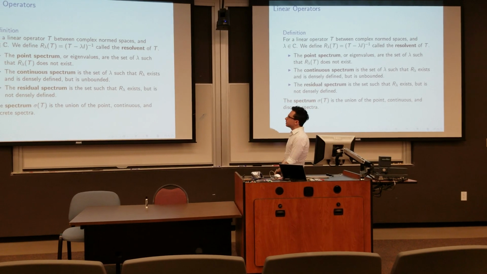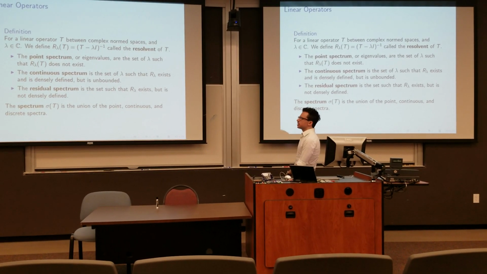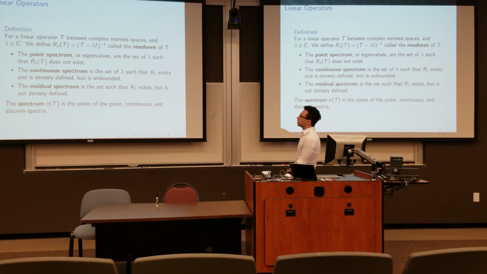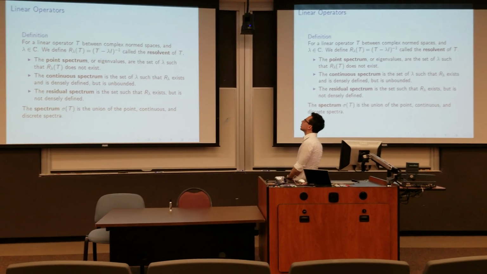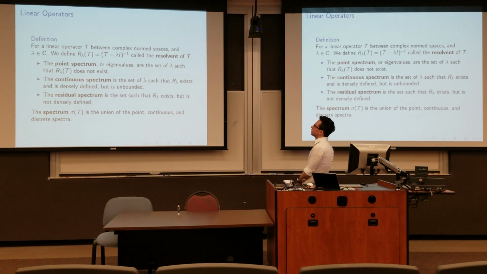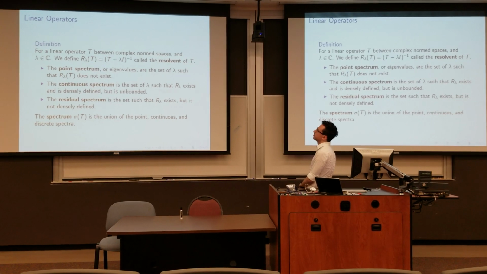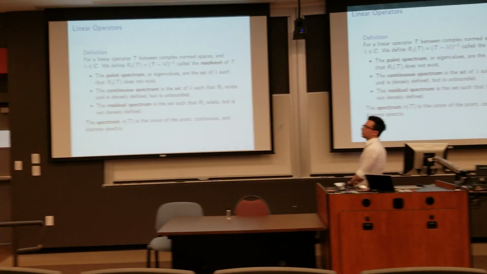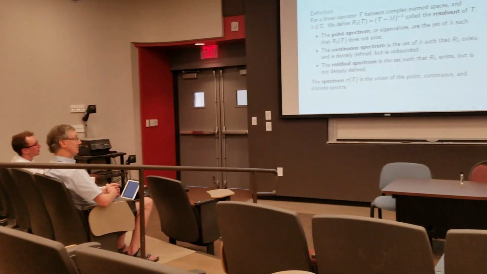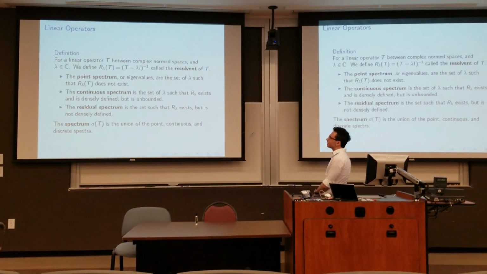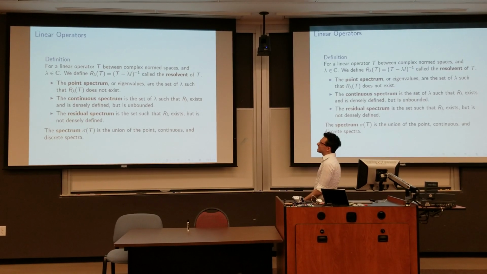Is there a reason why it's written like this? So r sub lambda of t is an operator. But if you swapped it so that t was fixed and you were looking at it as a function of lambda, then it would be a function which takes in a complex number and spits out... what would it spit out? Maybe a determinant. But I don't really know. It just struck me as kind of funny. Yeah, it is kind of a weird way.